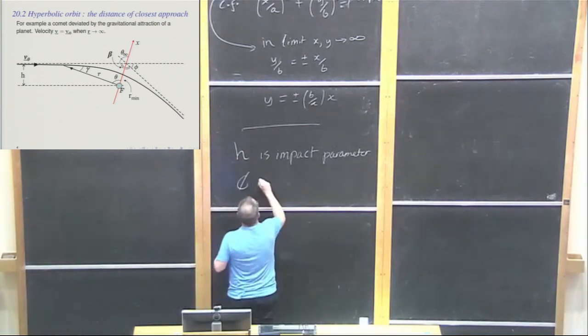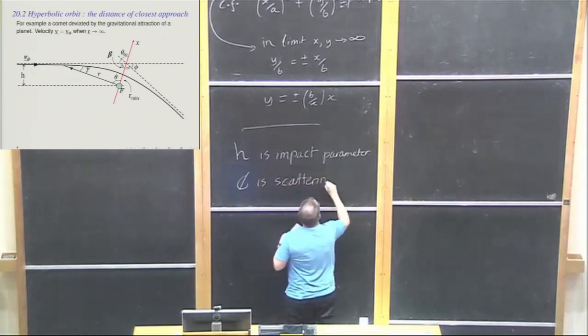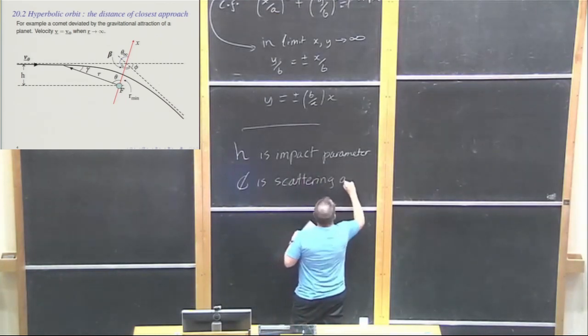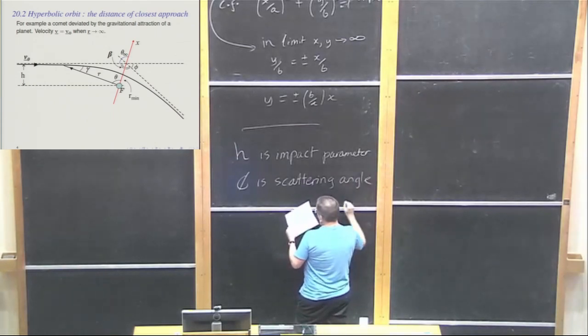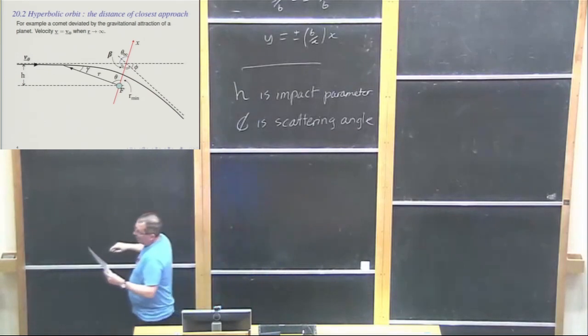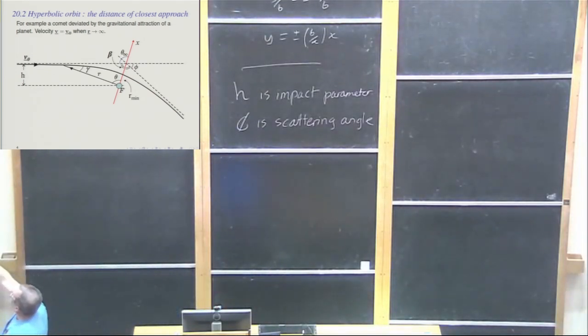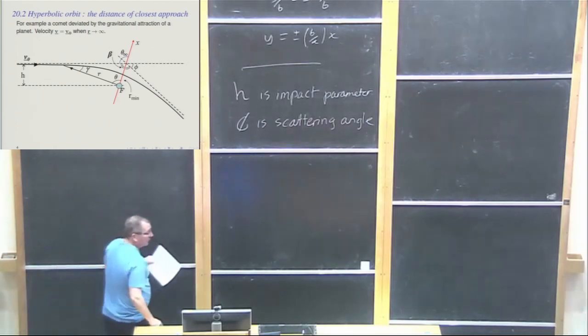Phi is the scattering angle, and that's the more interesting calculation. Well, firstly, let's just write down some things we know. This impact parameter is useful because it enables us to immediately calculate the angular momentum.